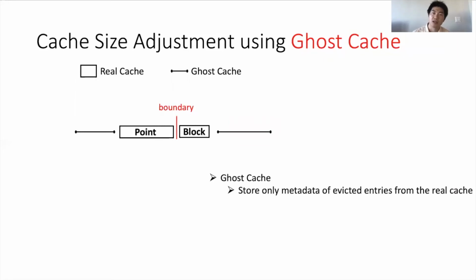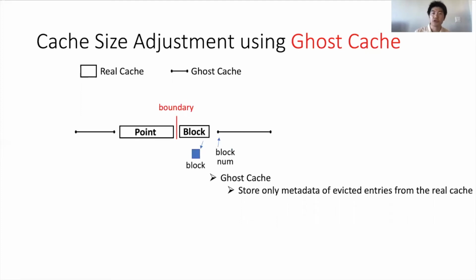Ghost cache is also a cache, but it does not store the real entry. It only stores metadata evicted from the real cache. For example, if one block is evicted from the block cache, only the block number will enter the ghost cache.